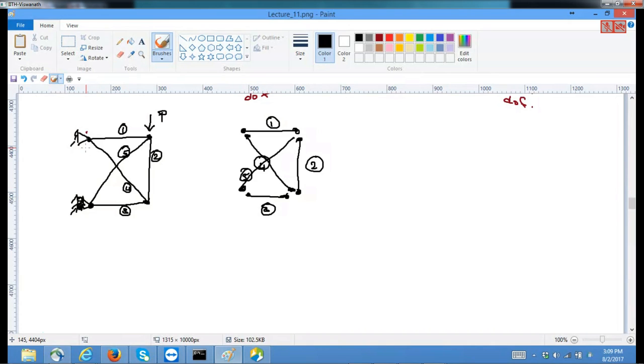So let's number the nodes as 1, 2, 3, or let me name it as A, B, C, D. So this is A, B, C, D.